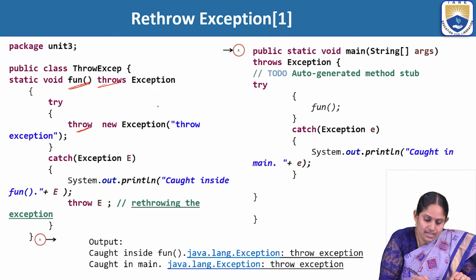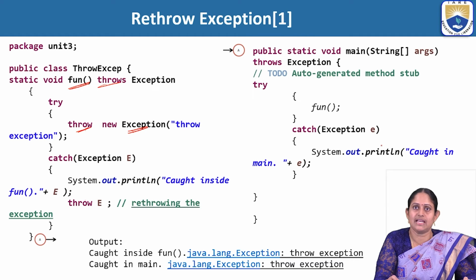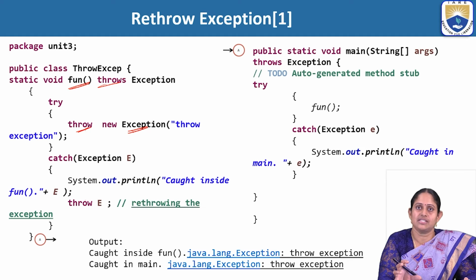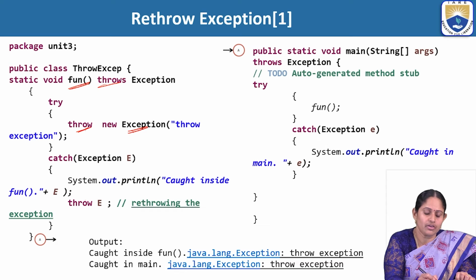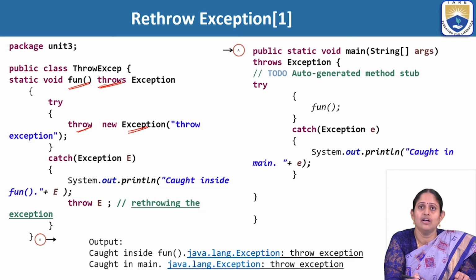Since this set of statements is throwing a checked exception, and Exception is a type of checked exception, we have to either use a try catch block or use the throws keyword to declare that exception. In our case, since these are checked exception types, we are declaring that exception using the throws keyword.